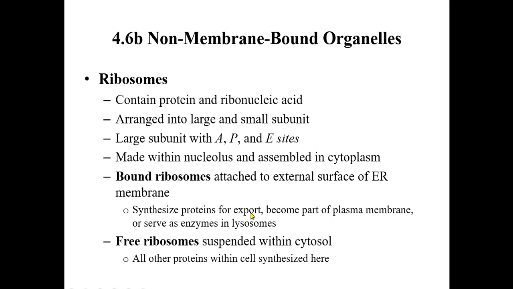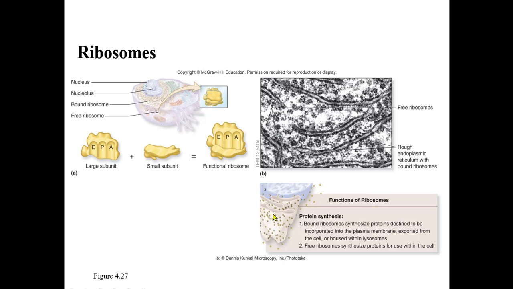So when I was on the picture earlier, I said bound ribosomes are on rough ER, and they're making proteins for export, whereas free ribosomes are for making proteins for the cell's internal use. And that's what I was summarizing earlier. Okay, more information about ribosomes and the protein synthesis story.